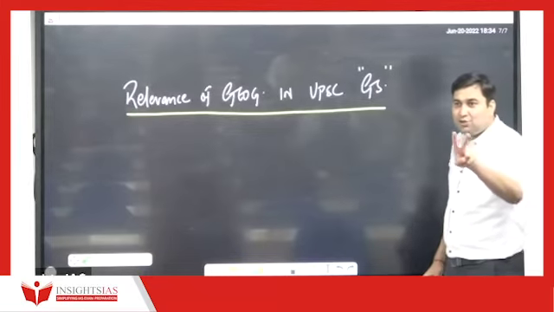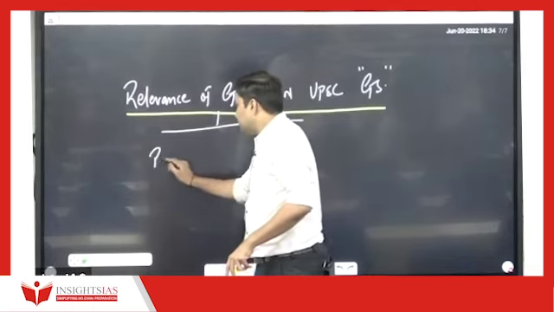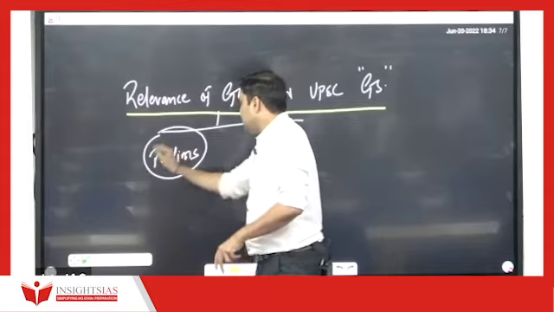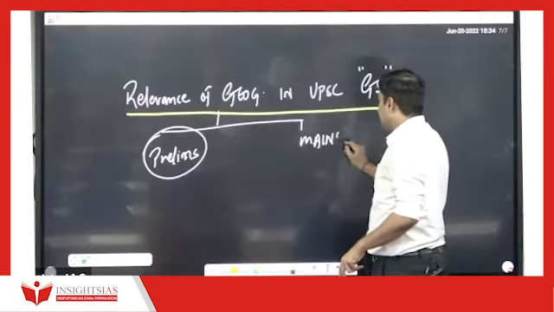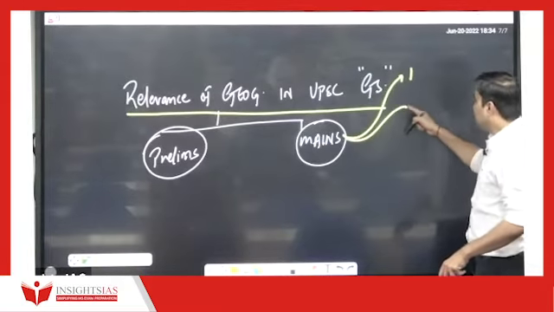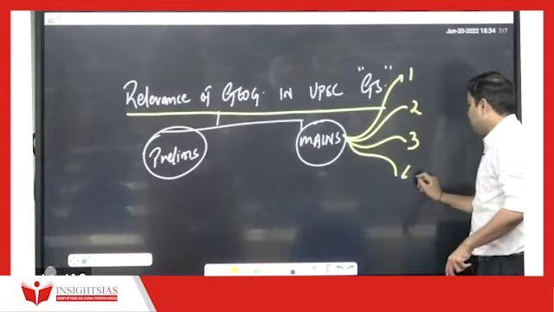In general studies, you have two things. One is prelims, stage 1, and second, you have something called mains. In mains, you have 4 papers: GS paper 1, paper 2, GS paper 3, and GS paper 4.